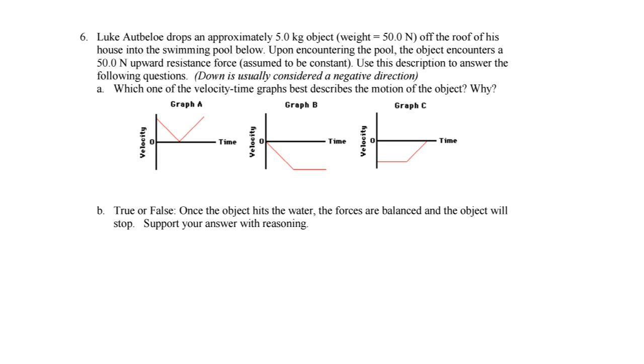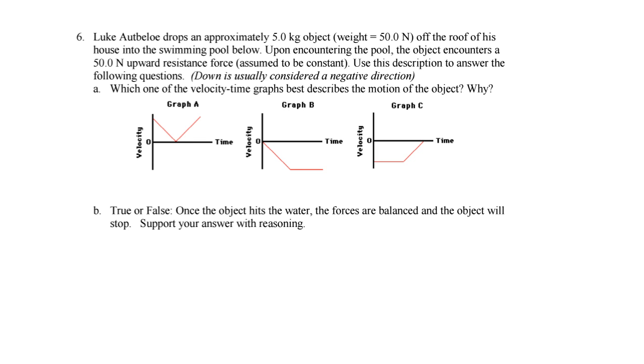Which of the following velocity versus time graphs best describes the motion of the object? So I would expect the velocity to increase in a negative direction. And then once it's in the pool, perhaps the force up on it is balancing the force down, and it then takes on a constant velocity, which actually it is. 50 will balance the 50.